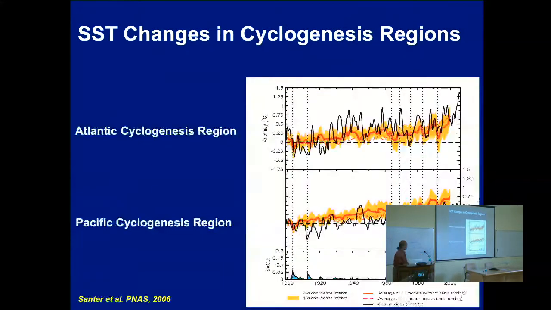So if you look at what happens in the Atlantic and the Pacific cyclogenesis region, the black line again is what the observed temperature is, and the red line is the average of many simulations with and without volcanic forcing. Okay, so there's a dashed line which has no volcanic forcing and a solid line with volcanic forcing.